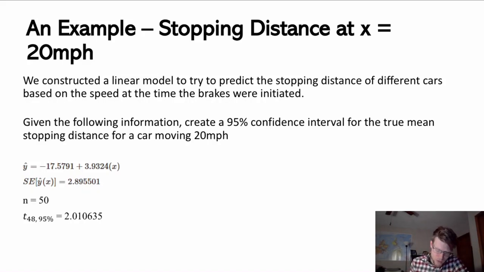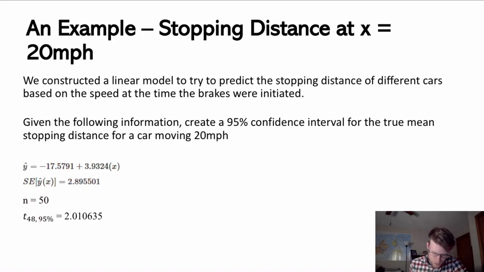We know our best estimate for that stopping distance based on our regression equation. We can also calculate the standard error for y hat, so how much error we should generally expect to see in y hat from sample to sample.